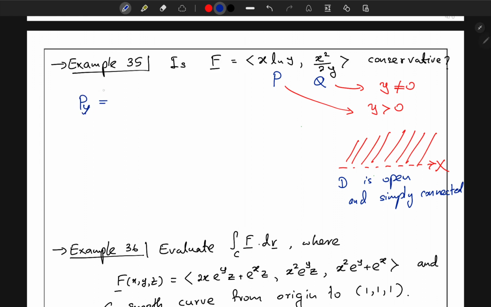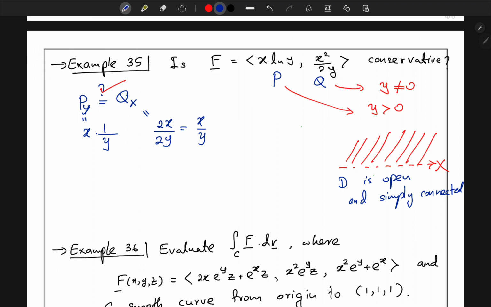P sub y, is it equal to q sub x? Partial derivative of the first coordinate with respect to y is x times ln becomes 1 over y. Q sub x is x squared becomes 2x over 2y, which is x over y again. Okay, so they are equal. Yes.